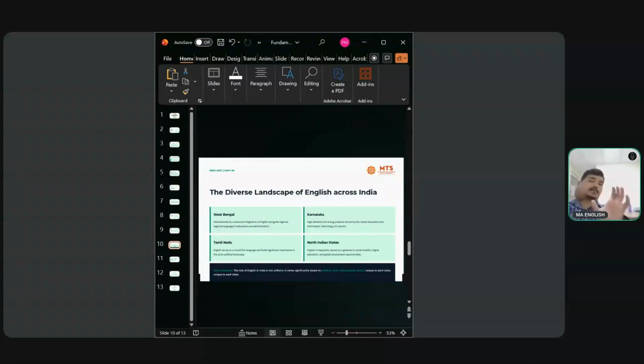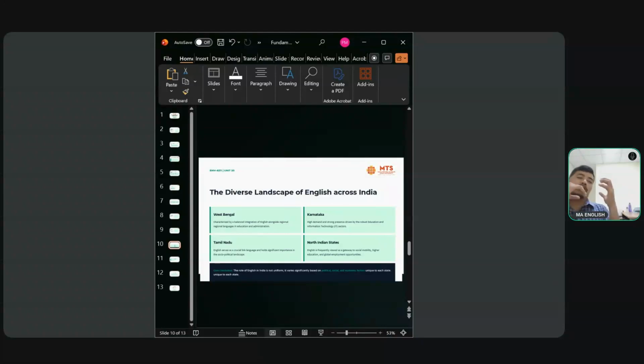It asks, how is English actually used across different parts of India? And the answer, as this slide makes very clear, is that the role of English is not the same everywhere. It cannot be the same everywhere. It varies enormously depending on the political, social, and economic context of each state.